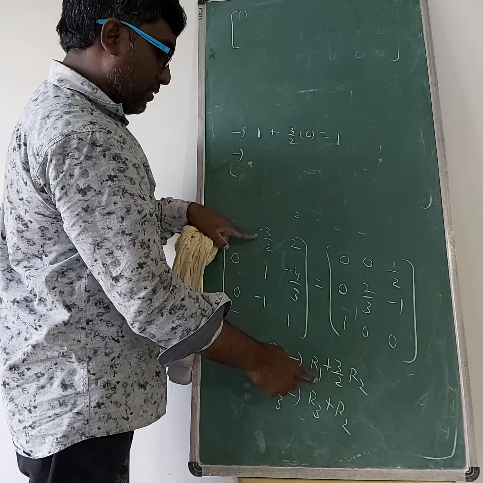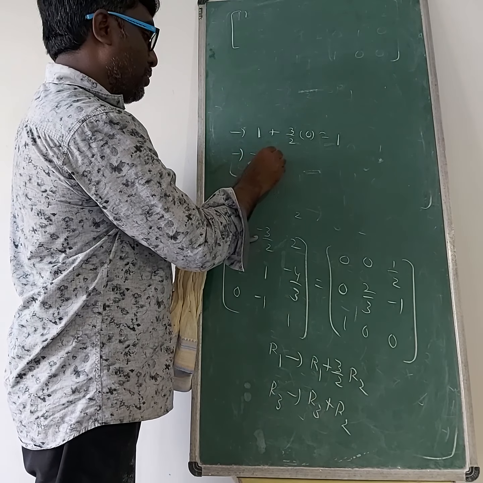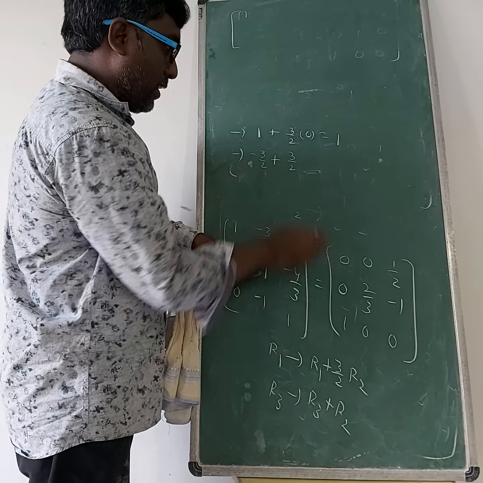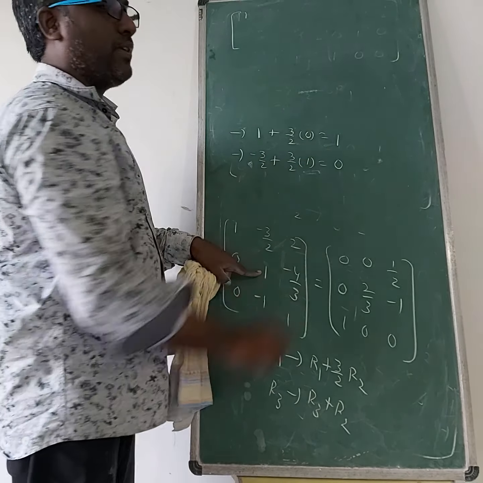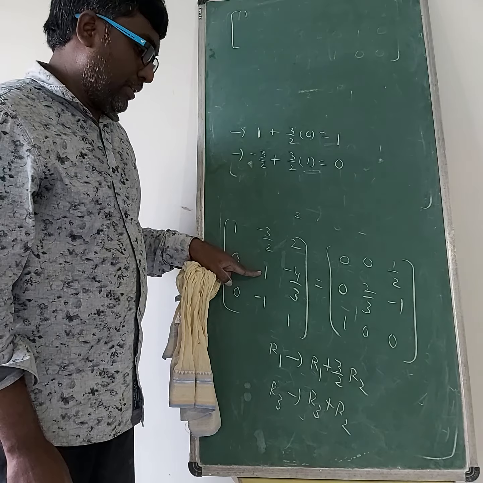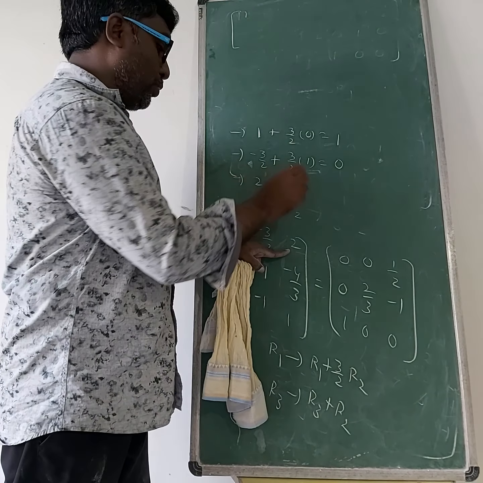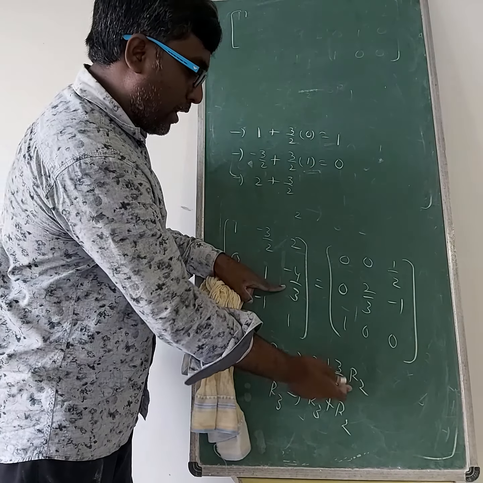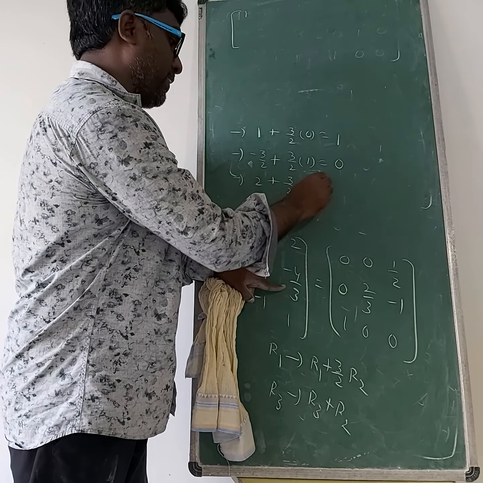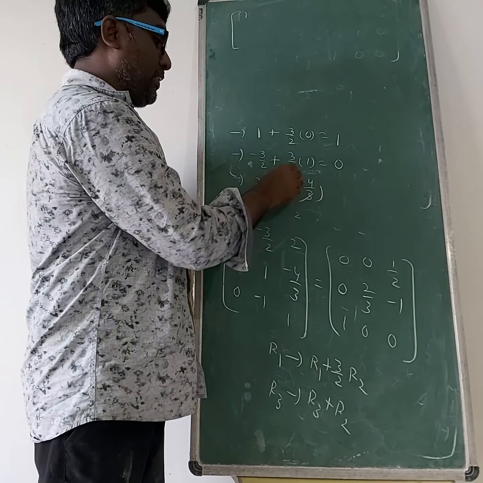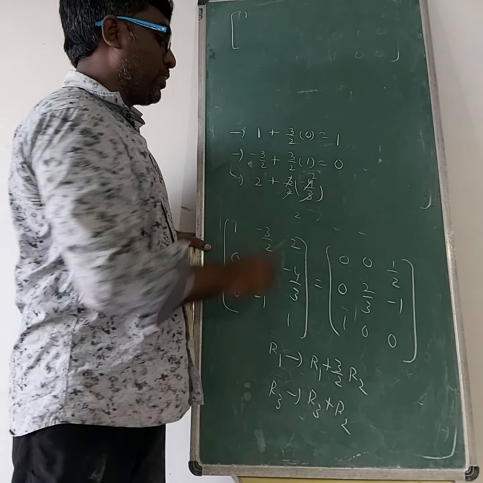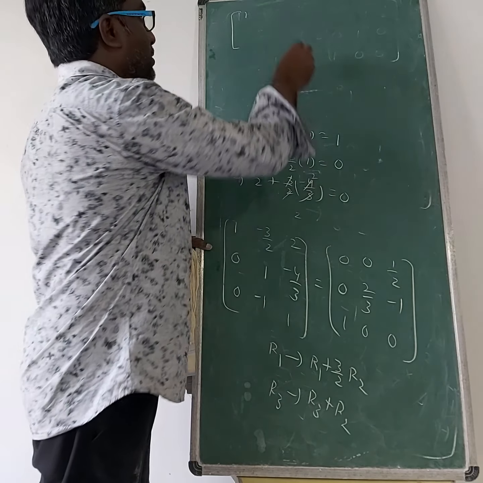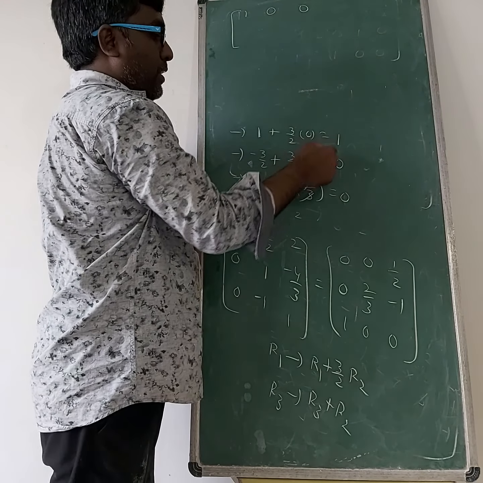Here R1, minus 3 by 2 plus 3 by 2, R2 value is 1, so this value is 0. Now R1 value is 2 plus 3 by 2, corresponding R2 value is minus 4 by 3. 3 3 cancel, 2 minus 2, 0. So 1 0 0.